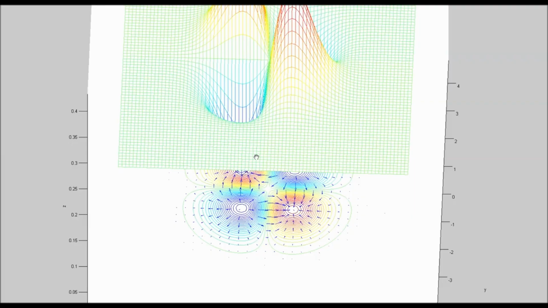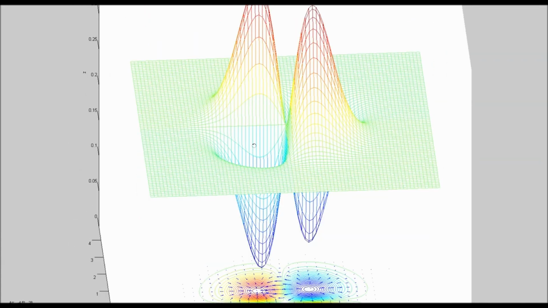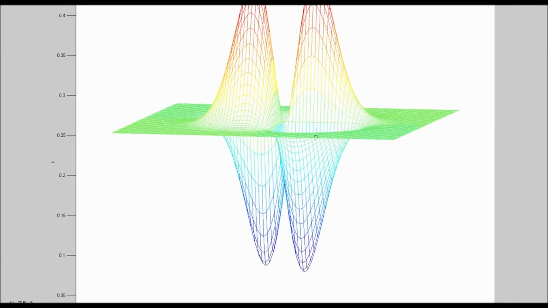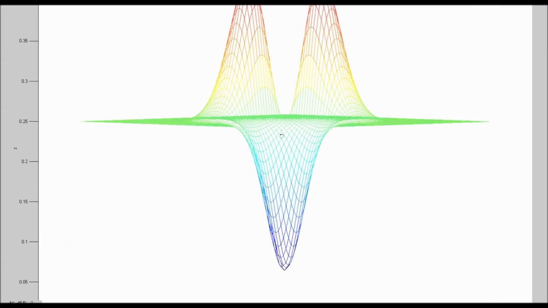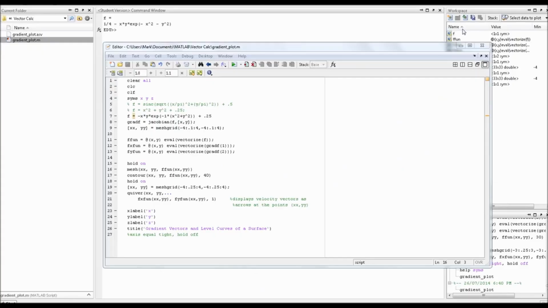If you were to take the derivative of some function that was flat, the rate of change in that direction would be 0. That's why the magnitude of these gradient vectors decreases at the top here. And right here, this white space where you don't see any gradient vectors, perhaps that's where the function is flat, so it's not increasing or decreasing there. So that makes sense.